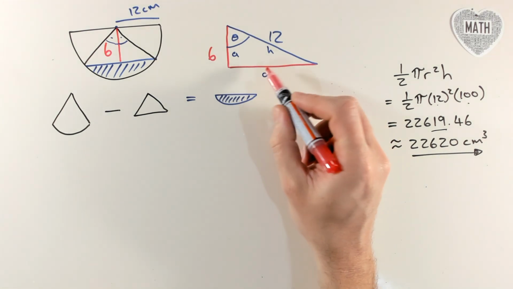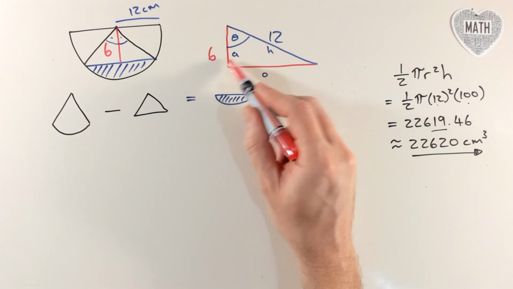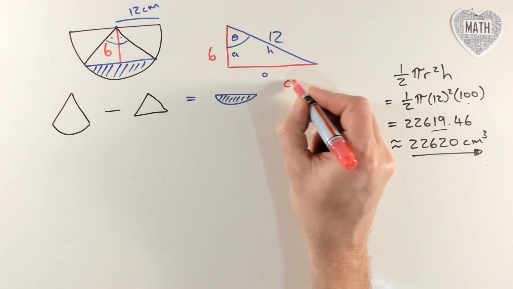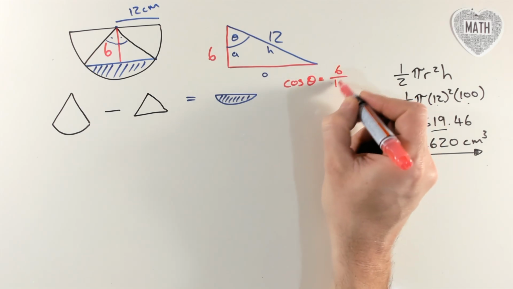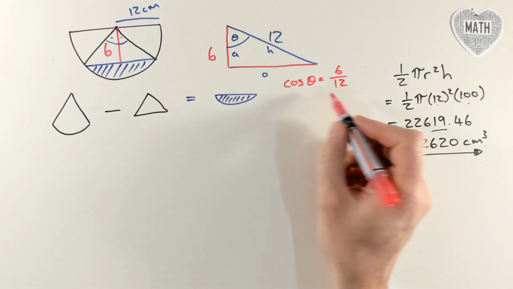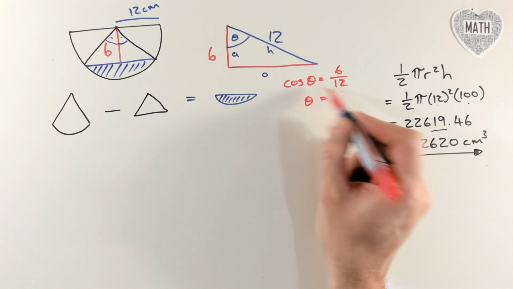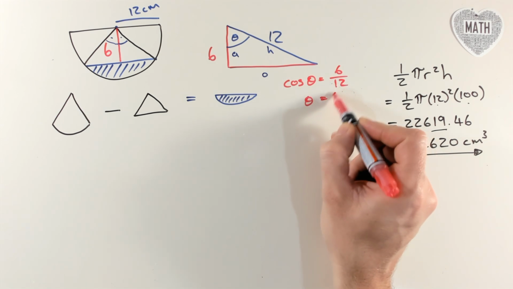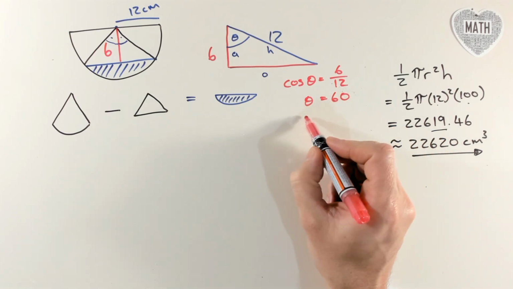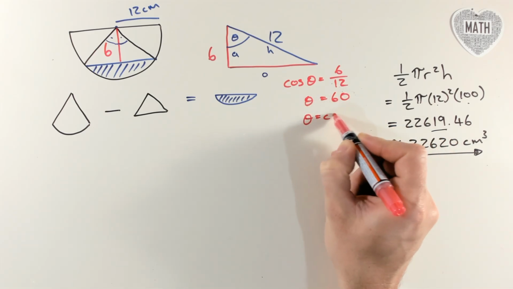So that angle is straightforward. If this is my reference angle, this is the opposite, that's adjacent, and that's hypotenuse. I'll just do it in red here on the side. I'm going to use SOHCAHTOA. So the cosine of the angle is going to be 6 over 12, the adjacent over the hypotenuse. And you should actually know this, cosine of 60 is going to be a half. But if you didn't know that, you could do it with your calculator.